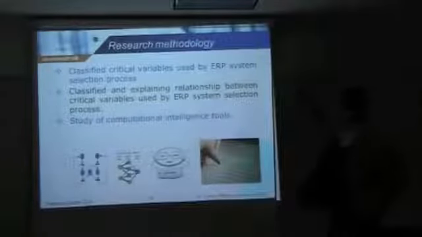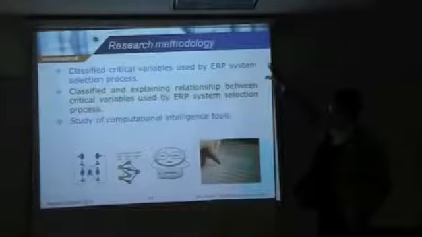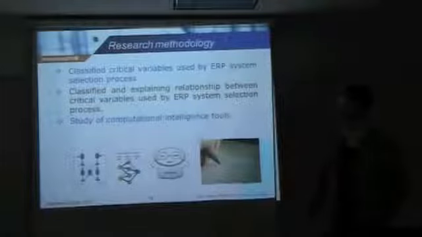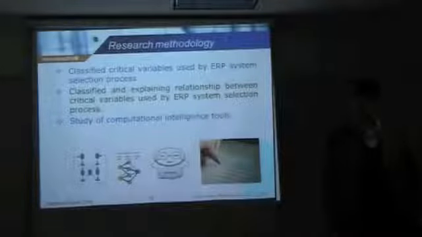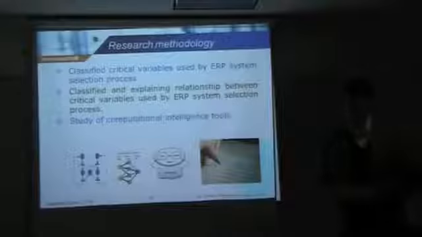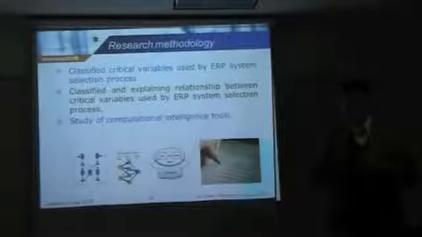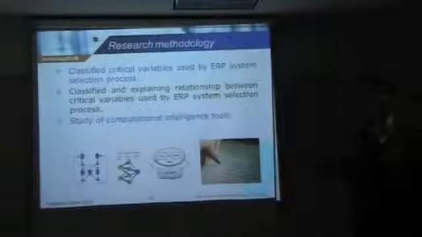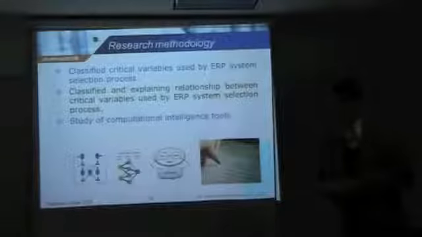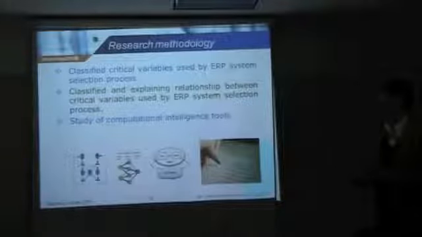With these elements, I need to classify the critical variables used by the ERP system selection process, try to identify the relations between those variables and why they have those relations, and also whether there is maybe a mathematical relation between them.